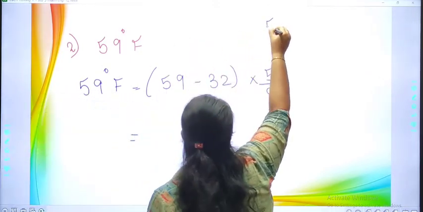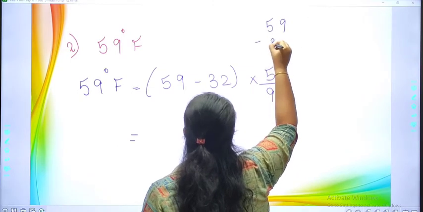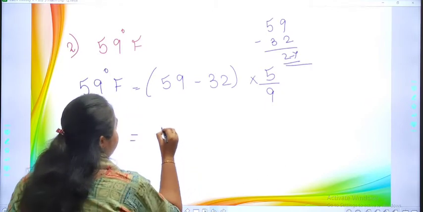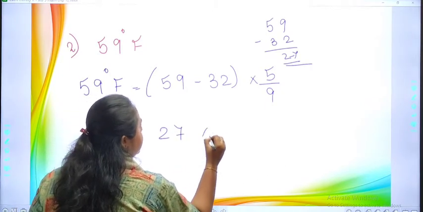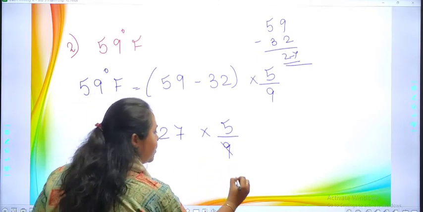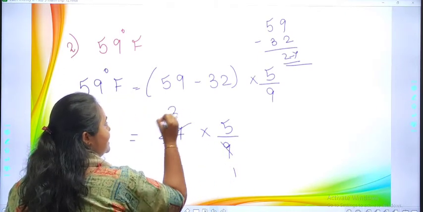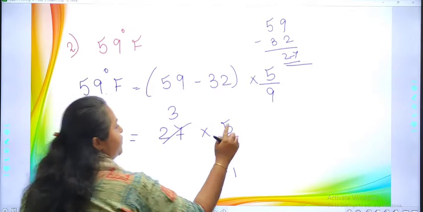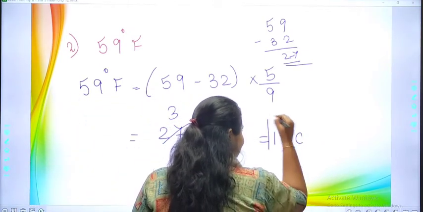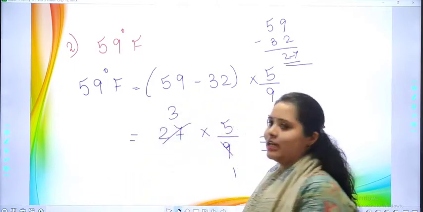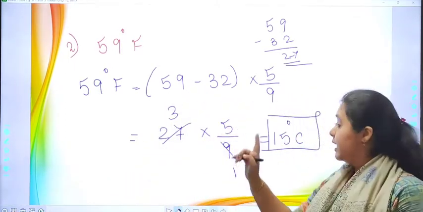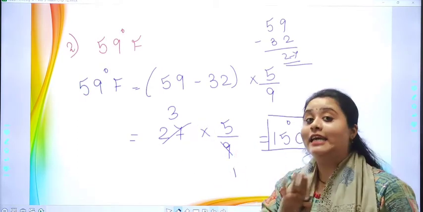If you want, you can show the division. 59 minus 32 is 27. 27 into 5/9. 9 ones are 9. 9 threes are 27. 3 fives are 15 Celsius. 15 degrees Celsius. Students, it may happen कि ये numbers cutting नहीं हो.